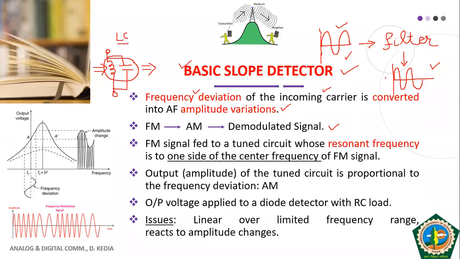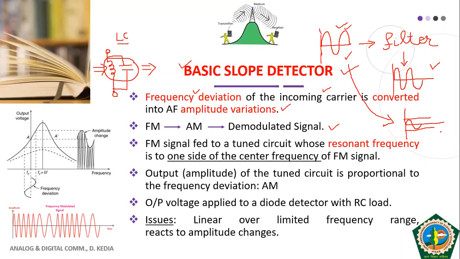Now what happens if my filter resonant frequency is different from the incoming signal frequency? In that case, the output of that filter will be attenuated. A very small output will be obtained if it is not exactly equal to the resonant frequency of the filter. I hope you have understood this concept.